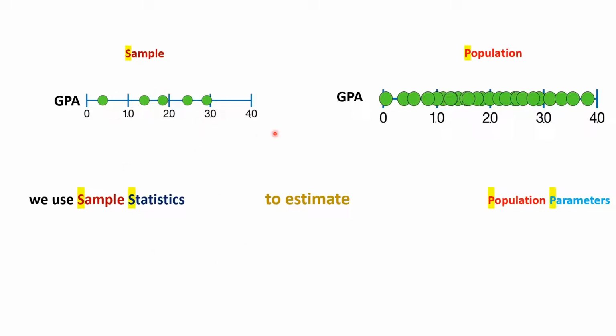So in statistics, we use sample statistics to estimate the population parameters, because it's a very hard task to ask each student their GPA. You should remember these letters: SS, sample statistics, and PP, population parameters.